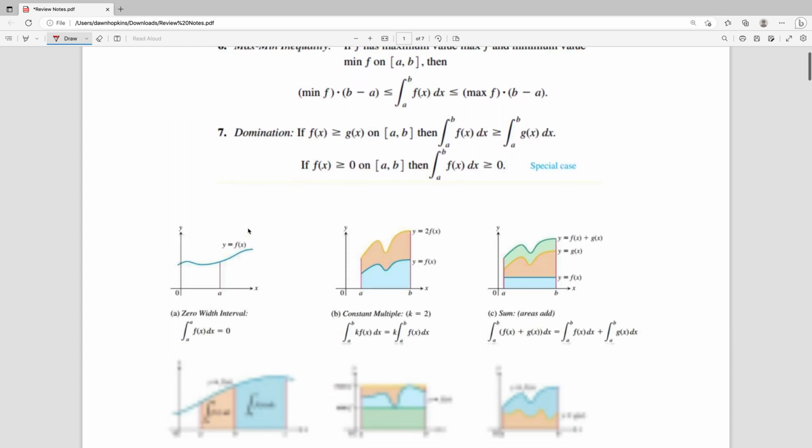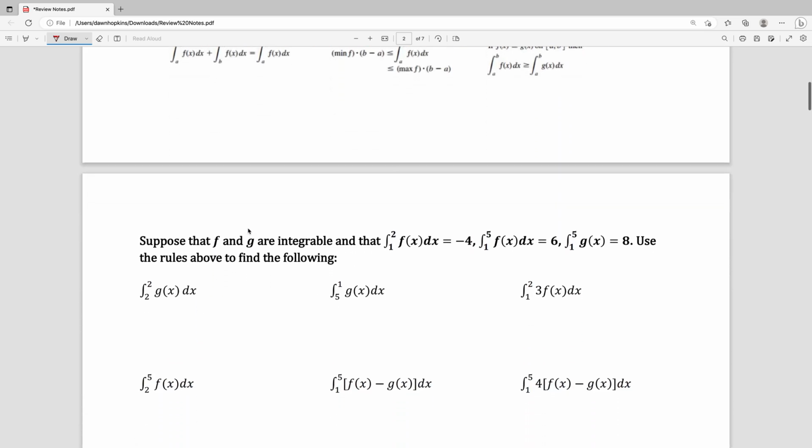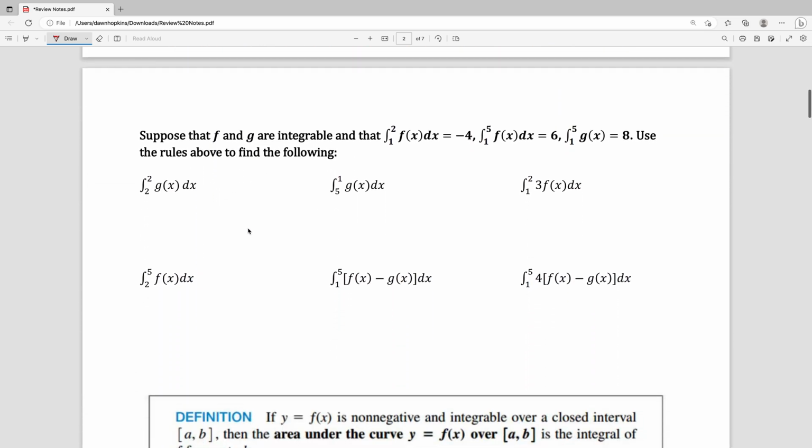Now, I want to actually move on to the second page here just to go over some examples of those properties really quickly. One of the properties, and this should make sense if you think about integration as finding the area under a curve, says that if you integrate from a number to itself, you're going to get an area of 0.